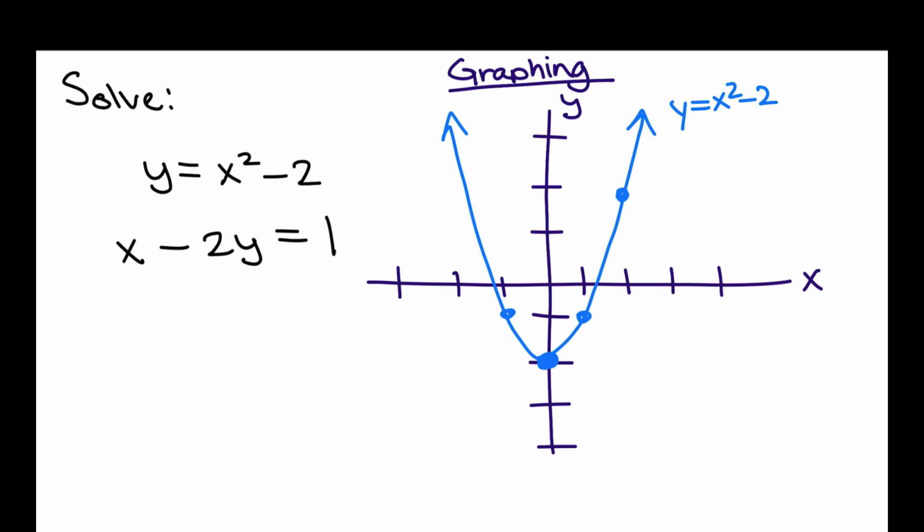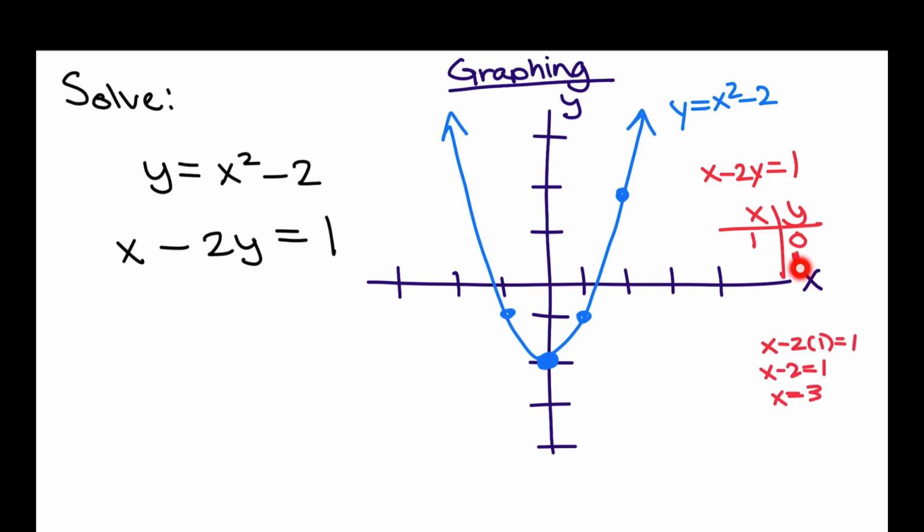So if I want, I could graph y equals x squared minus 2 is my parabola, but it's been shifted down 2 units. x minus 2y equals 1 is a line. I could solve it for y, or I'm just going to plot some points. If I plug in 0 for y, I get x equal 1.